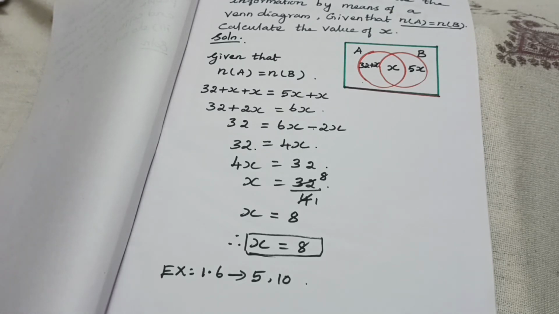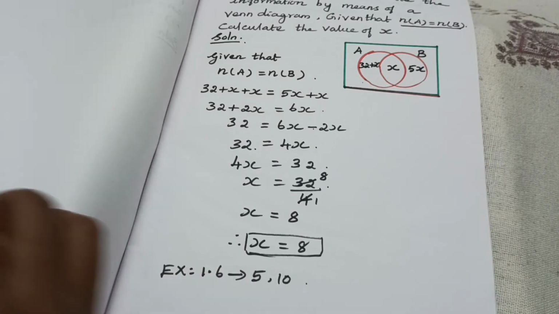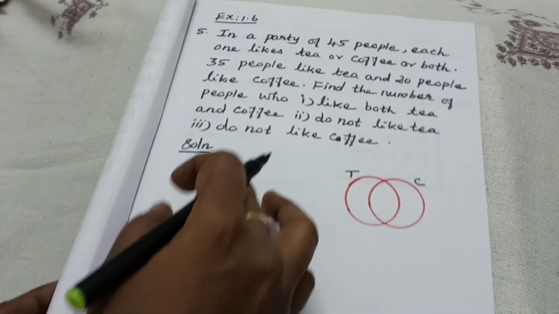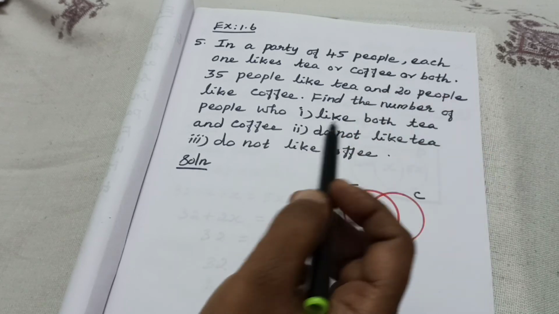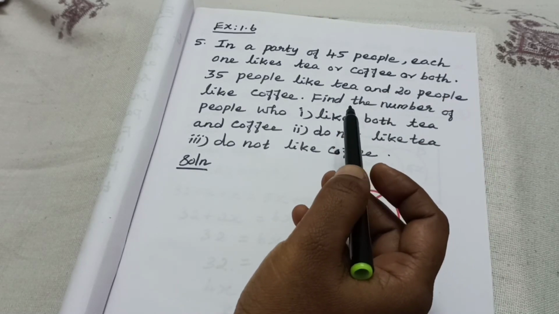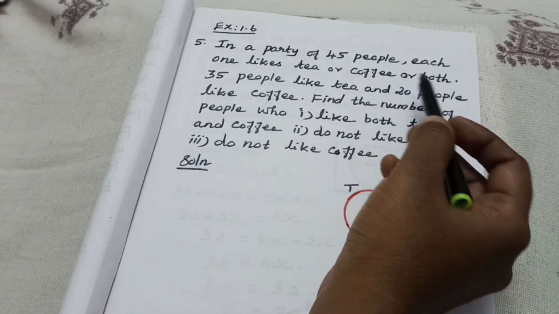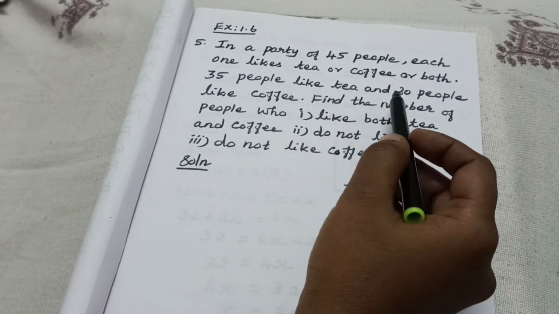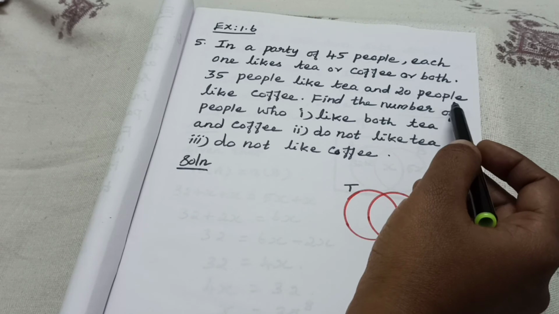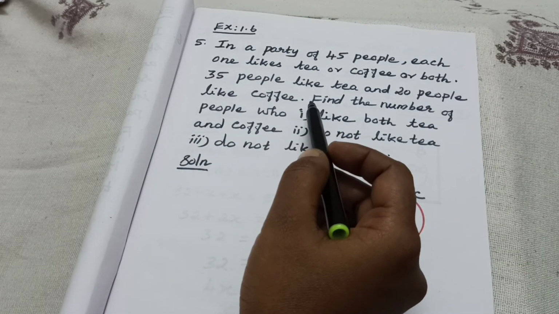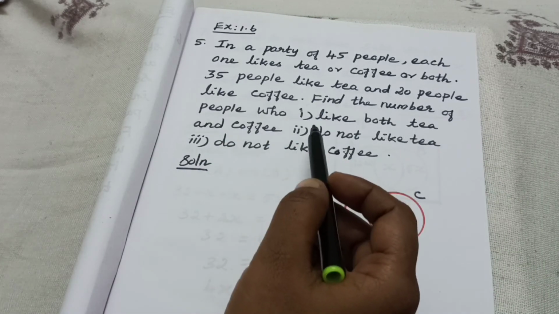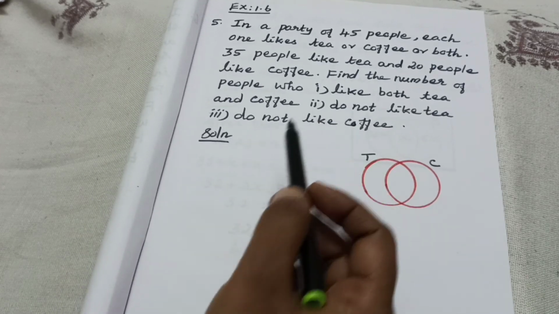Here, in a party of 45 people, each one likes tea or coffee or both. 35 like tea and 20 people like coffee. Find the number of people who like both tea and coffee.